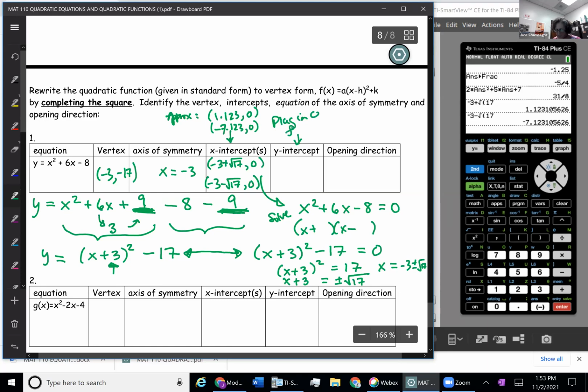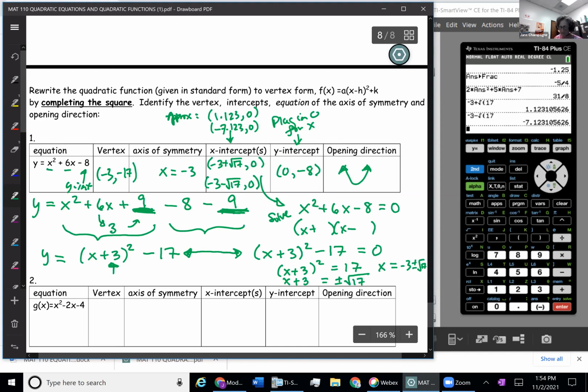So that's going to give you the constant term right there, because plugging in 0 for x makes those first terms go away. So that's going to be negative 8 for y and 0 for x. And then which way does it open? This one has a positive leading coefficient, so it opens up, right?